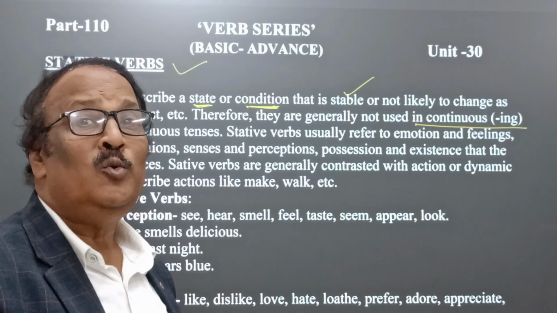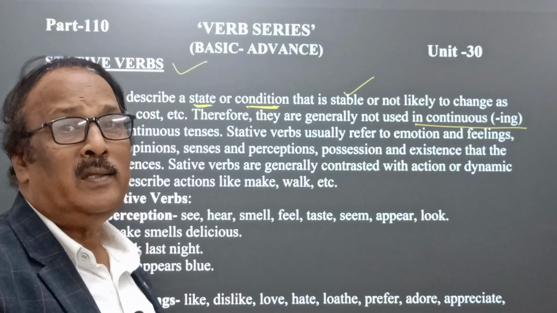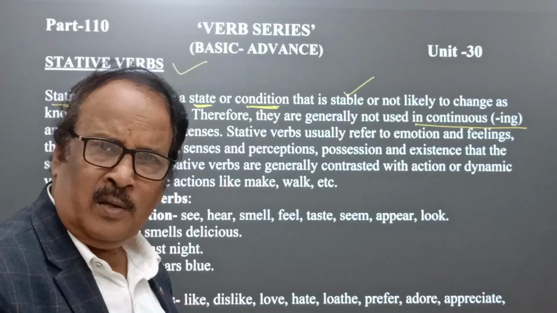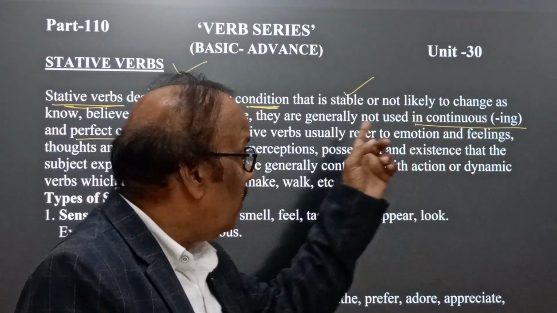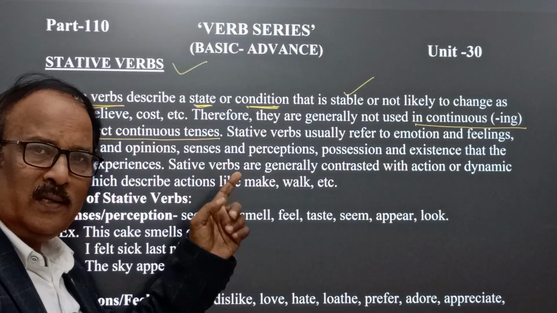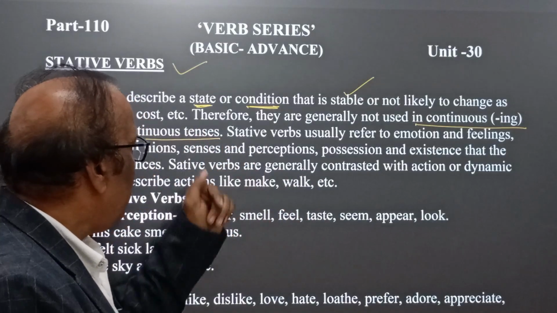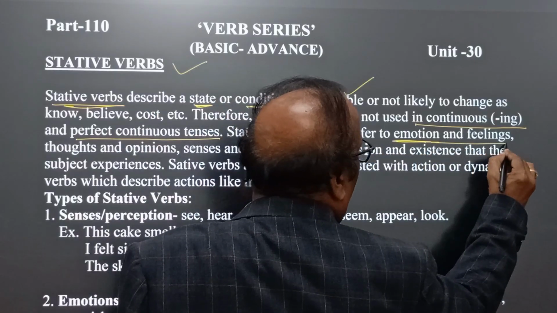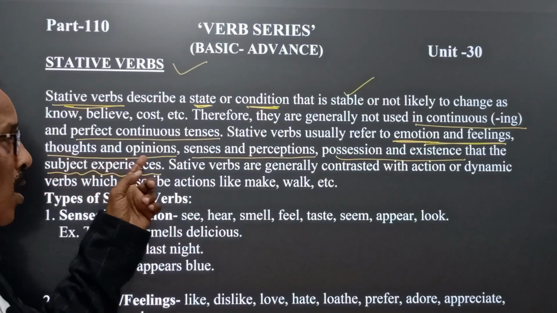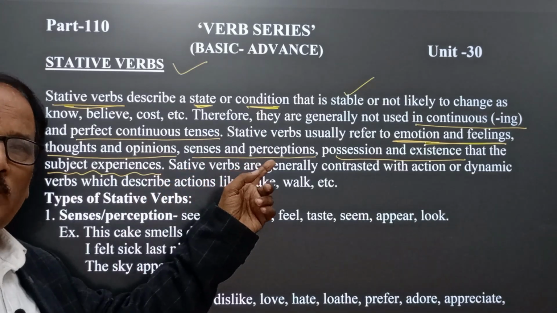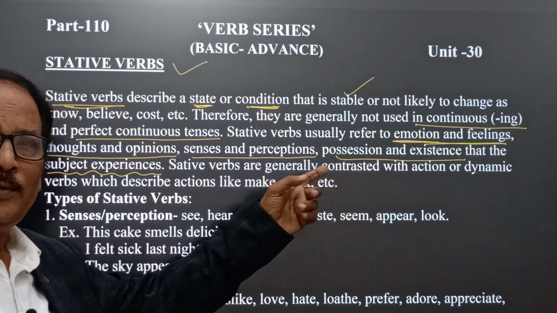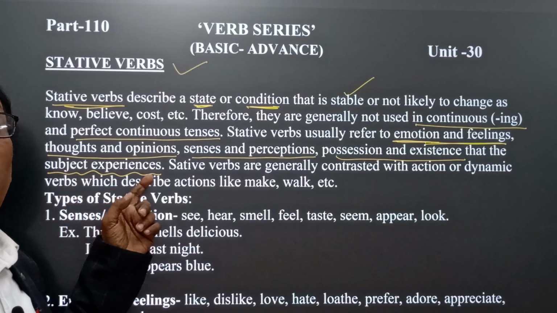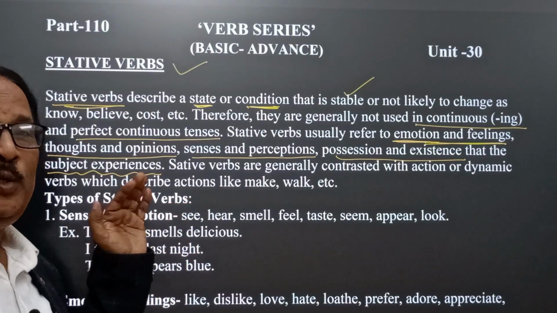They usually don't take ing as suffix at their ends, neither continuous nor perfect continuous tenses. Yes, this is important. Again, stative verbs usually refer to emotions and feelings, thoughts and opinions, senses and perceptions, possession and existence that the subject of the sentence experiences. Okay, this is the idea.